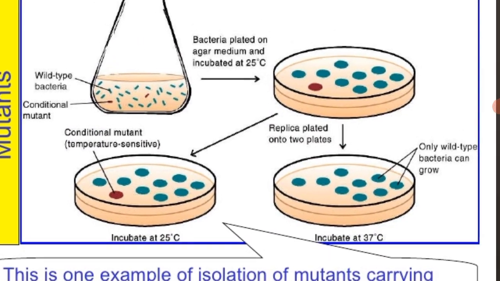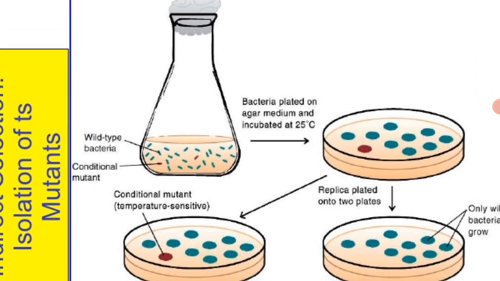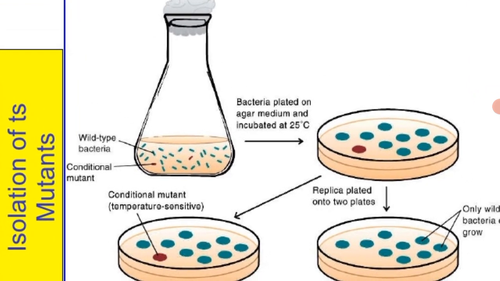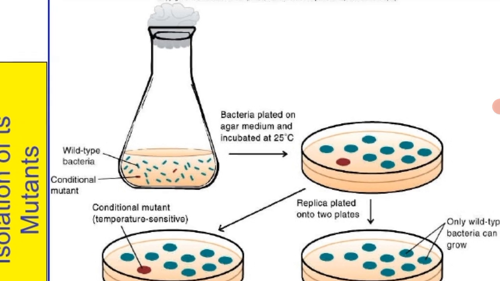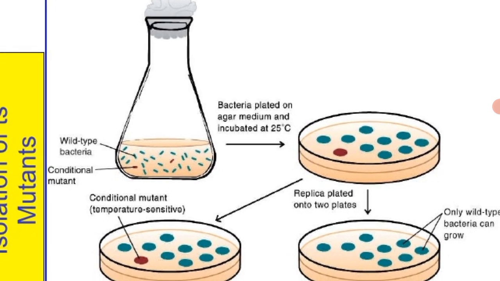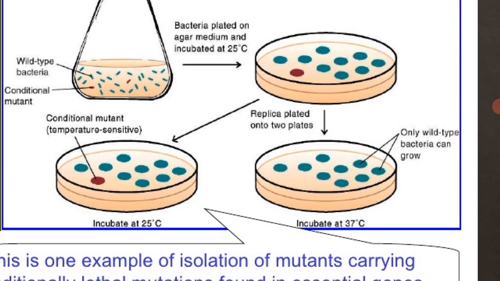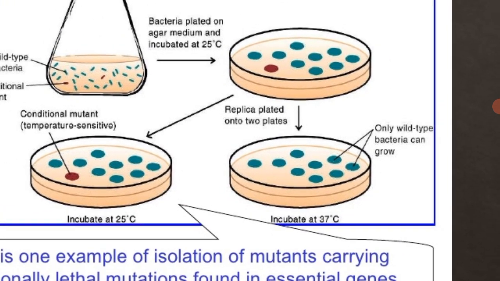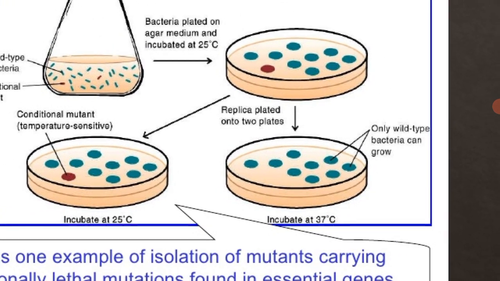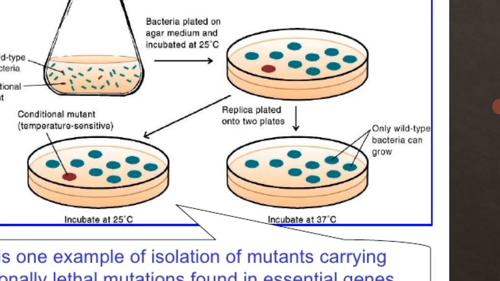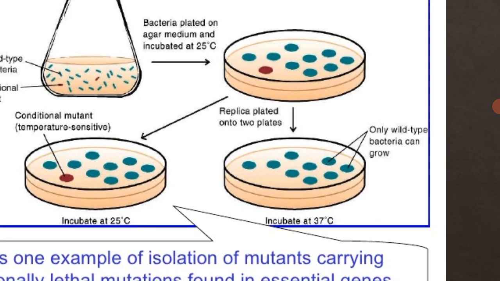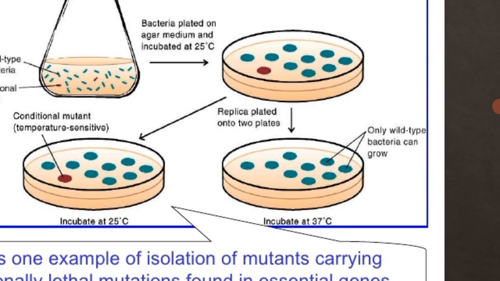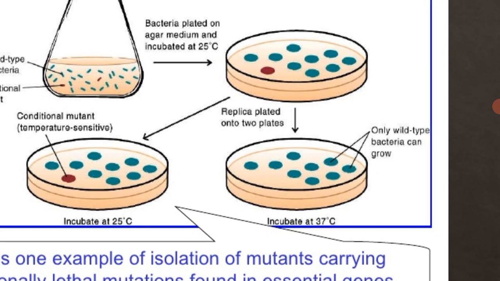When we incubate the plates at 25 degrees Celsius, only the conditional mutant is able to grow.